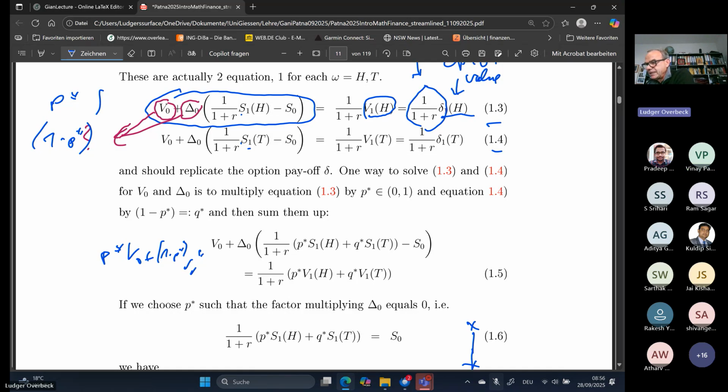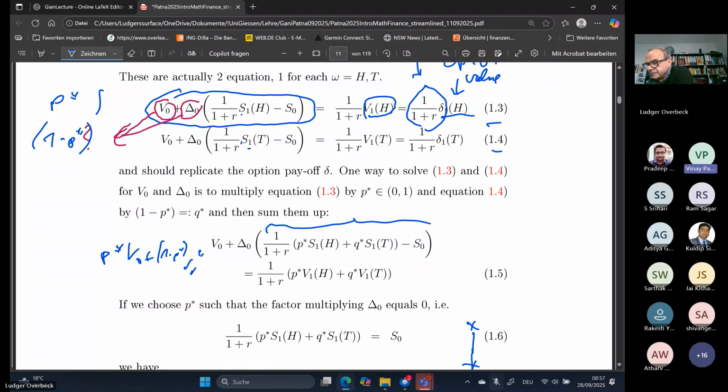And now we say we want this one to be 0, because it's still free. We can choose P star however we want.